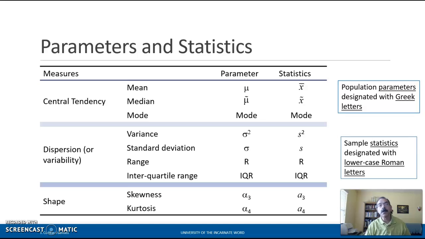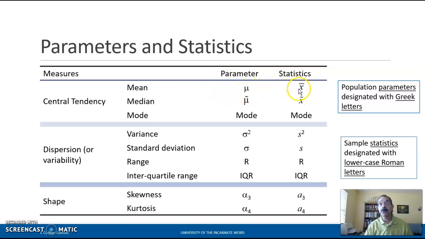In terms of shape, we have two measures: skewness and kurtosis. If you notice in these last two columns, I'm writing the classical symbols to designate these measures. For example, if you are talking about the mean of the population, that is the parameter, we're going to use the Greek letter mu, M-U. Whenever you write mu, you're saying that you're talking about the mean of the population.